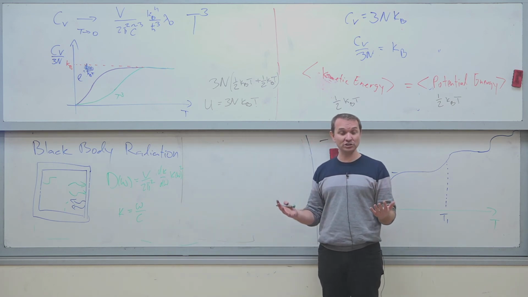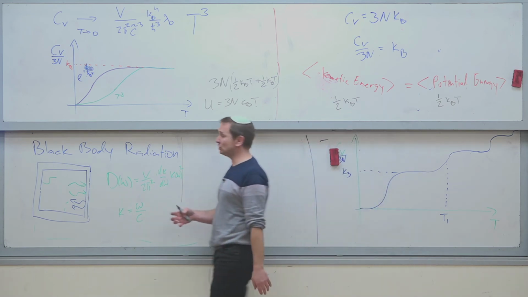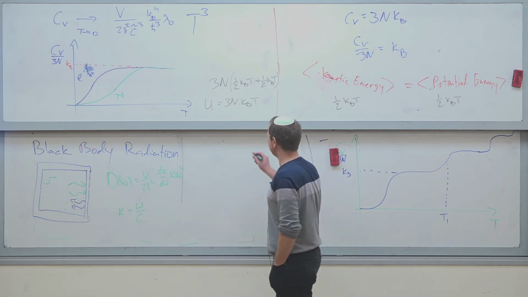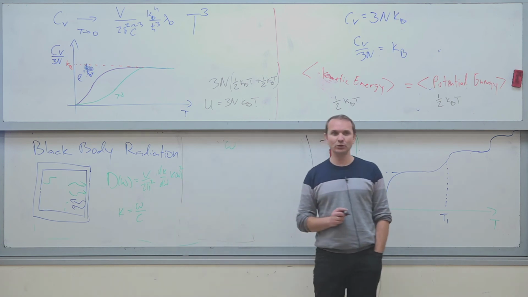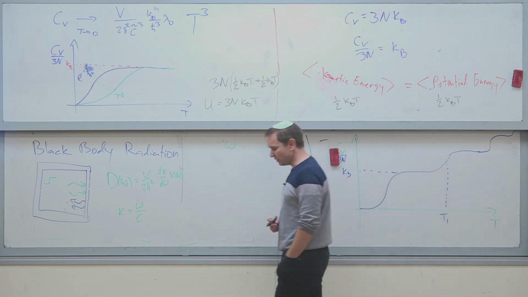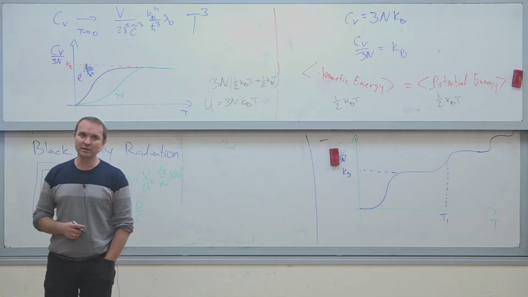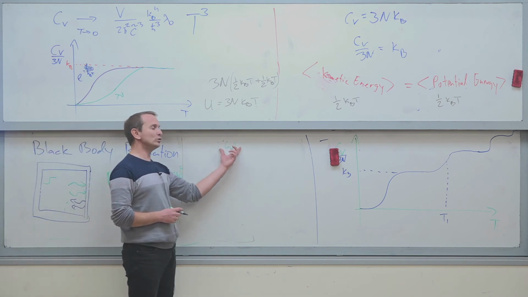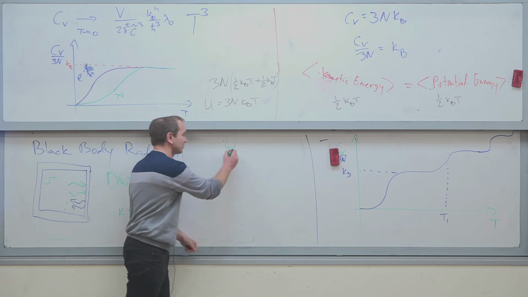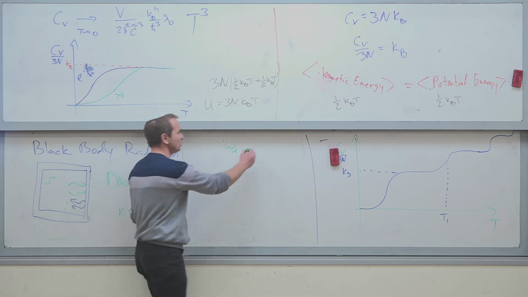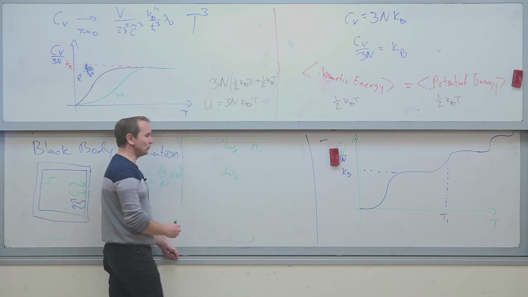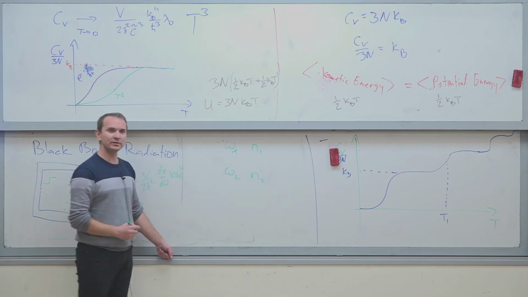What is the total energy of the system? It is the total energy of the photons. If we look at all the photons that have frequency omega 1, the total number of photons there is N1. The total energy of the photons that have omega 2, the total number of photons there is N2.